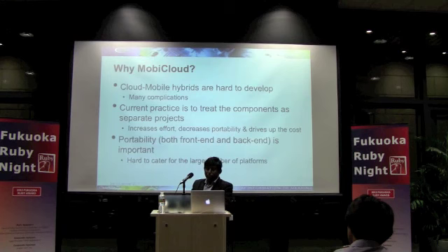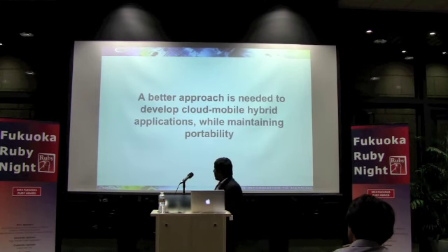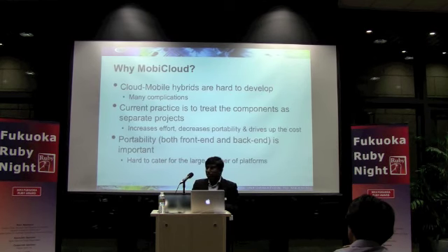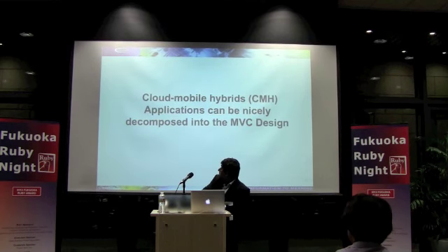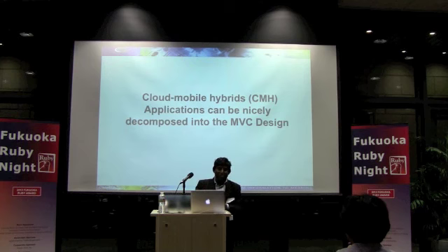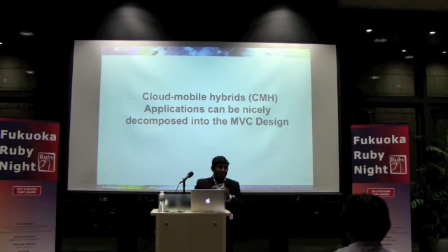So our solution is basically to introduce a new way of building this, and it is based on what we call the MVC design pattern. Of course, it's a very well-known design pattern, and what we've noticed is that with this MVC design, you can really nicely decompose all these cloud mobile hybrids.